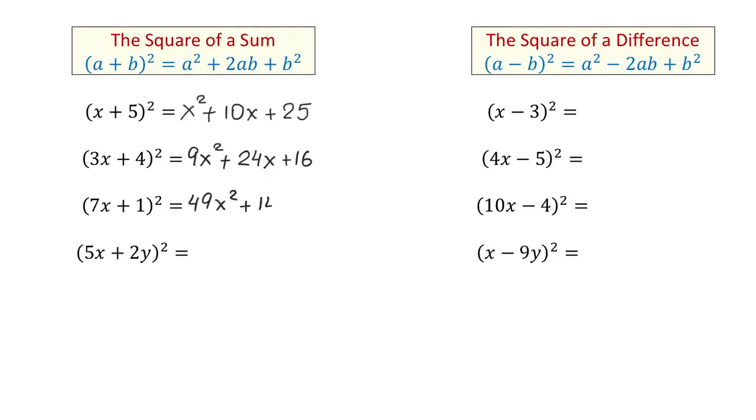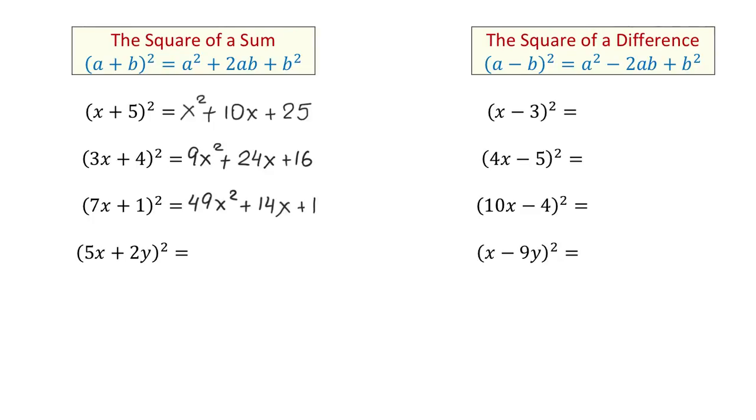So here we will have plus 14x, and then the last term will be 1 raised to the second power. 1 to the second power is still 1. So here we have 49x squared plus 14x plus 1.